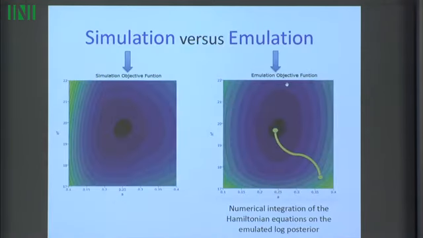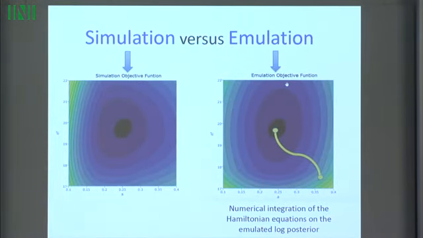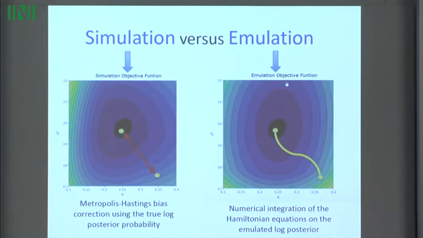So we want to use now the emulator for running these Hamiltonian dynamic equations, because now we can run easily sort of 100,000 steps of the Hamiltonian dynamics, because it doesn't cost us anything. We do not invoke the mathematical model, the simulator. The mathematical model is only invoked at the very last step when we do the Metropolis-Hastings step, so we have one numerical integration of the partial differential equations.